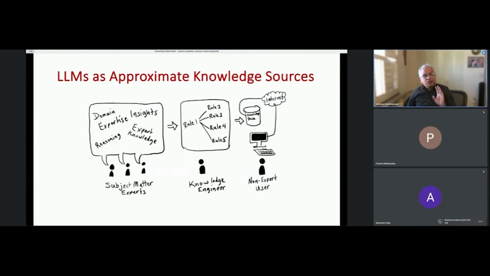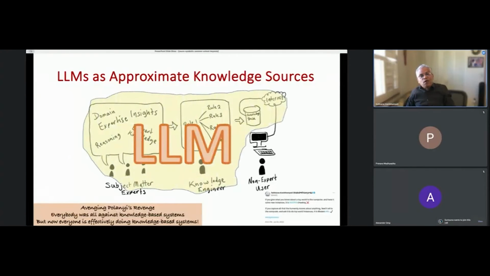Another thing that I want you to think about is this old idea of knowledge engineering, where a human knowledge engineer goes and talks to domain experts, looks at the expertise, writes it as rules into a knowledge base, and then some logical reasoner reasons about them. This obviously had its own problems, the whole expert systems direction.